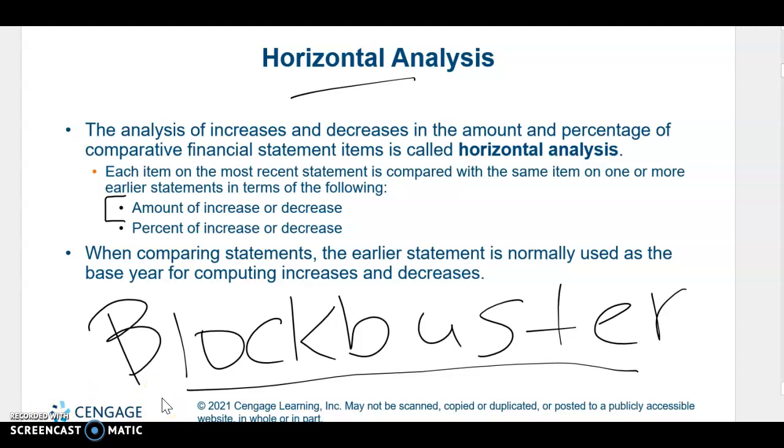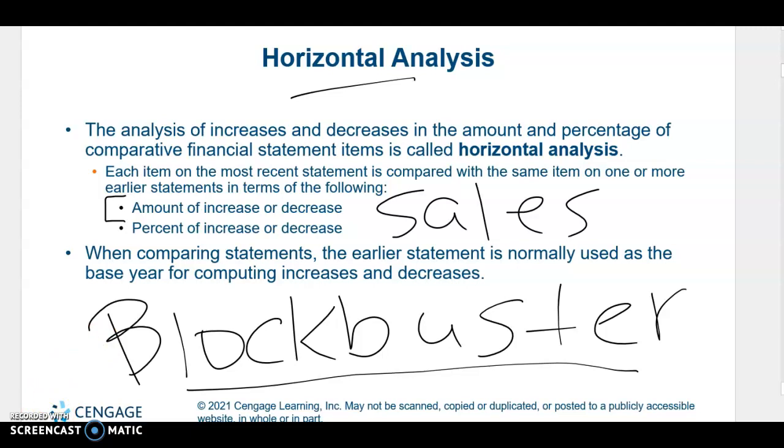So what you could see with horizontal analysis when looking at the company Blockbuster is that their sales from year to year declined. And the reason that the sales declined is because they could not keep up with technology. They could not keep up with the change. And if you would have looked at their expenses, you would have seen that their expenses did not decline fast enough, and they ended up having net losses.